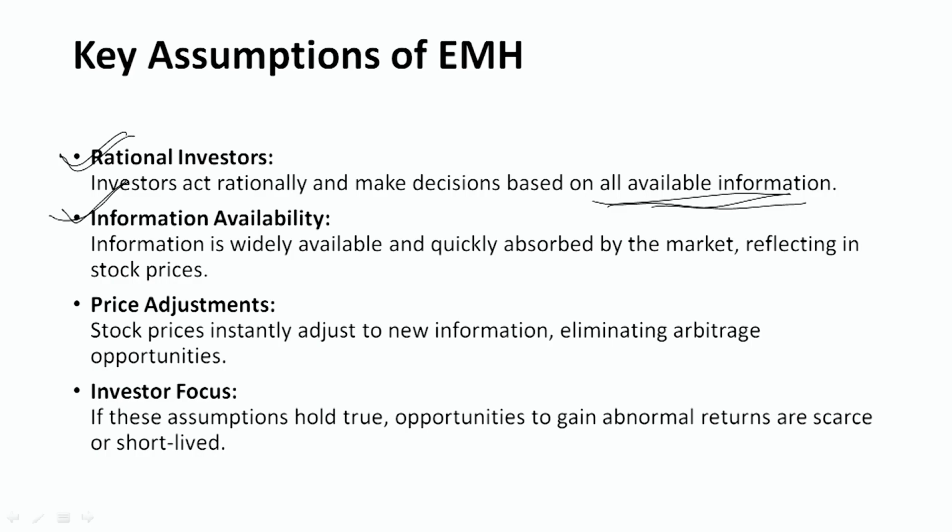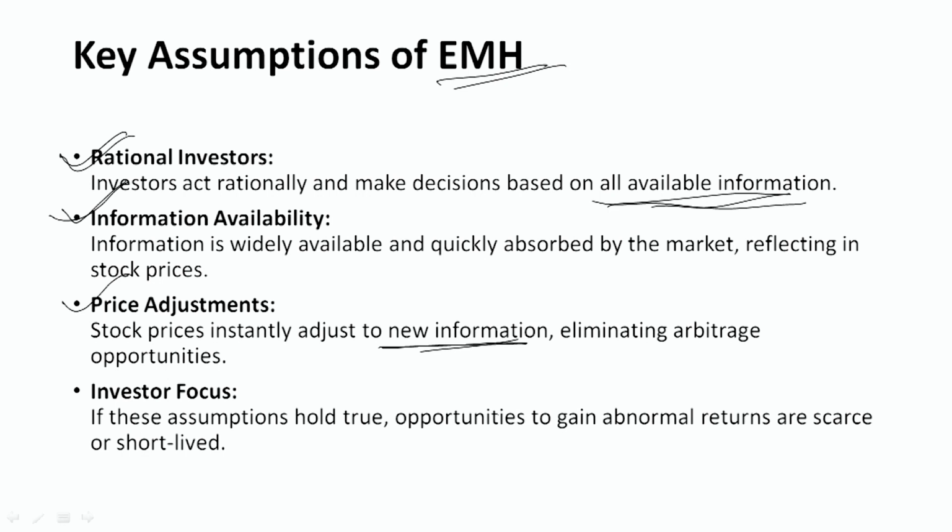And if there is a free flow of information, then EMH is likely to work. So that is the second assumption. The third assumption is price adjustment. As per the efficient market hypothesis, they believe that whenever a stock price changes, there is some new information which has come to the market.